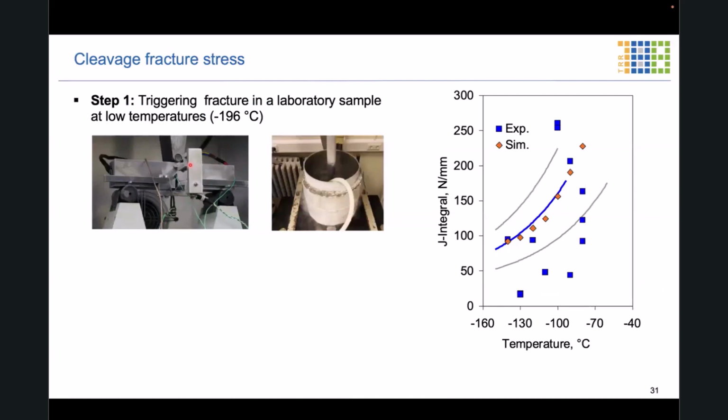It means that we need to characterize the tensile stress that a sample can withstand without triggering cleavage fracture. So what you can do to determine this very characteristic material property, you can perform tensile experiments at sufficiently cold temperatures so that it is very likely, at least for BCC steels, that you will trigger cleavage fracture.